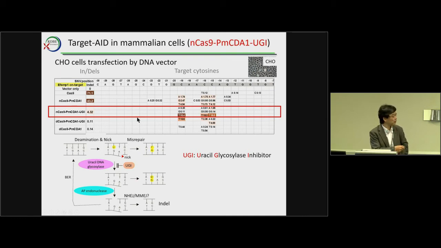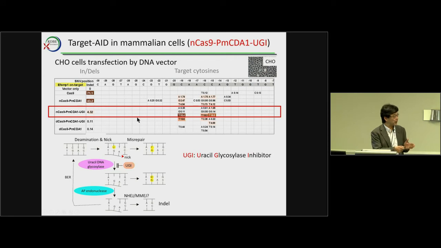But of course, if you use the dead Cas9 systems, this mutation efficiency is much lower than the Cas9 systems. So like this, in the case of animal cells, probably in humans also, this Cas9 AID and UGI system is the most effective system.